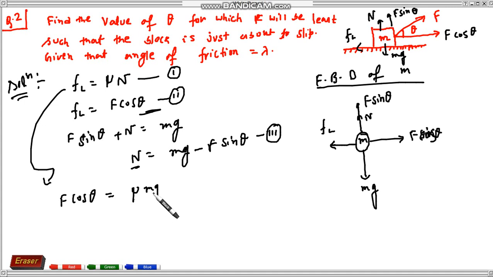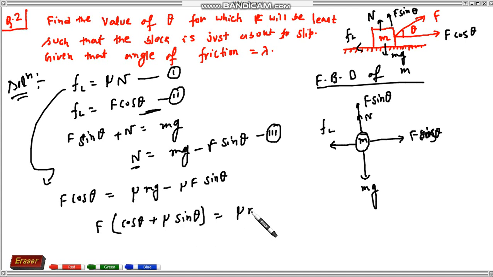So mu mg minus mu F sin theta. Now if we take F common, then F into cos theta plus mu sin theta is equal to mu mg.